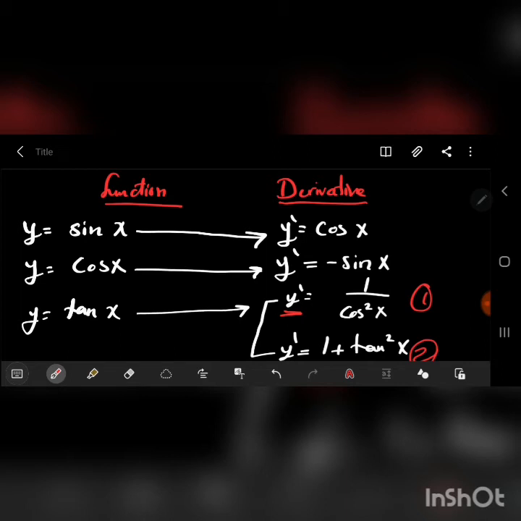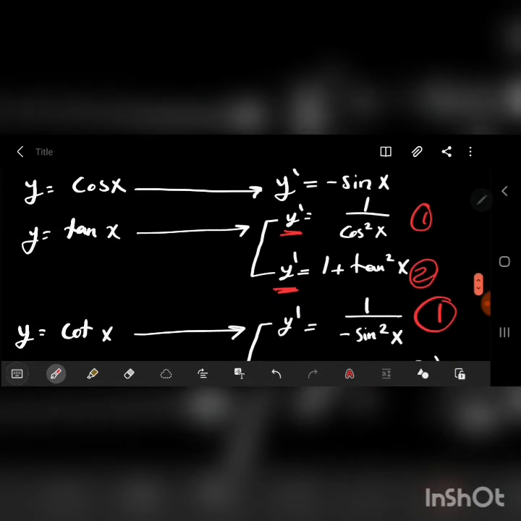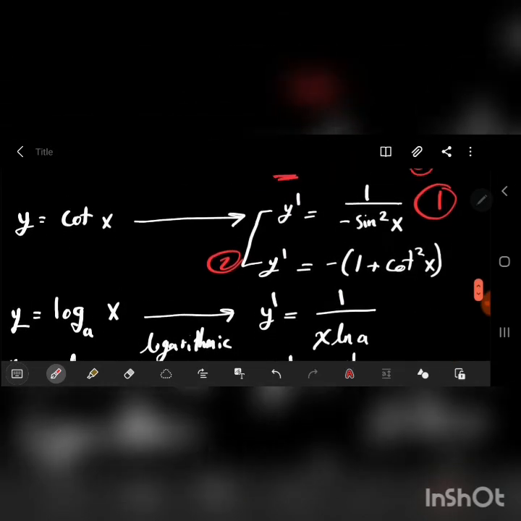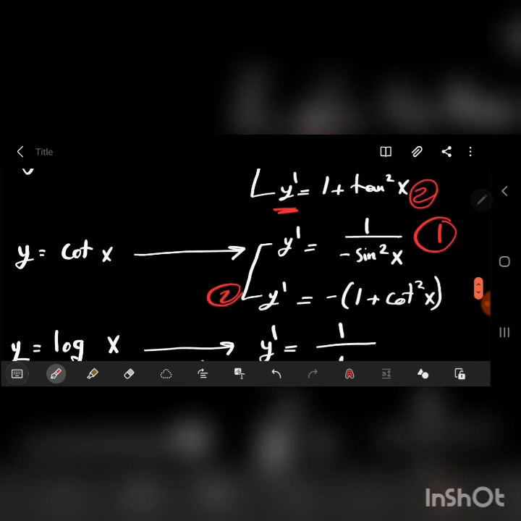This is the first rules: sine x, cosine x, tan x. Second rule, cotan x, 1 and 2. Take your time to write it down.